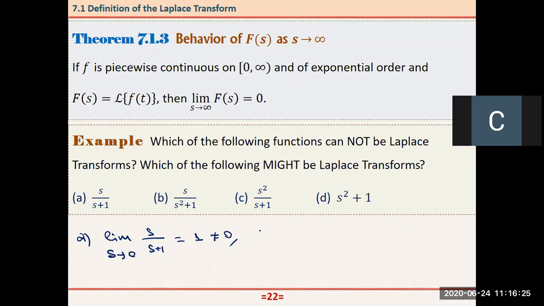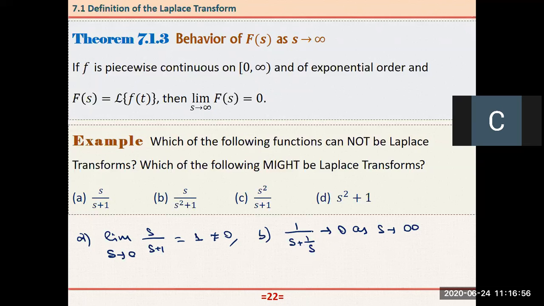Another one, how about b? Again, if you divide numerator and denominator by s, here we have 1 over s over 1 plus 1 over s, and as s goes to positive infinity, this goes to 0, because 1 over infinity is equal to 0.